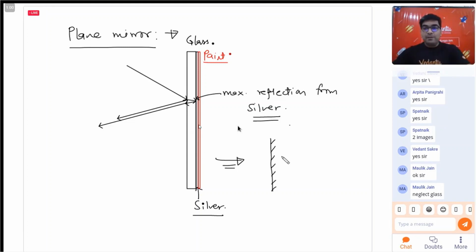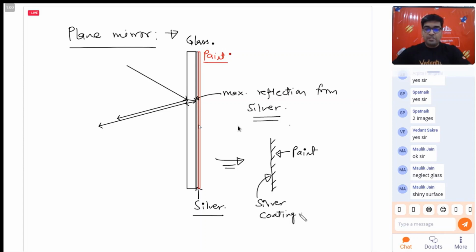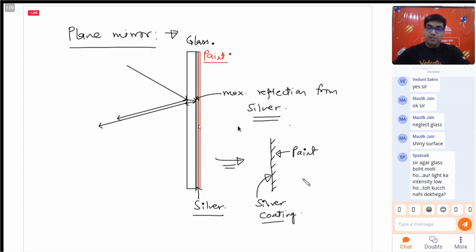And when we put this shading on the back, it means this side has the paint. And on this side, we have the silver coating, right? Shiny surface. Very good. So effectively, we will get a reflection or good reflection only if light is incident on the shiny surface.